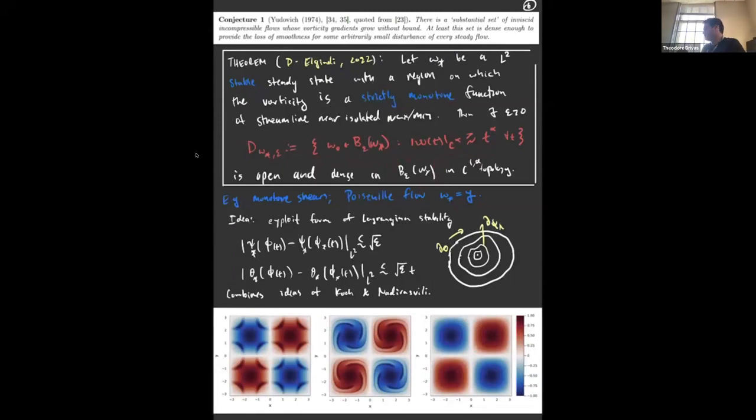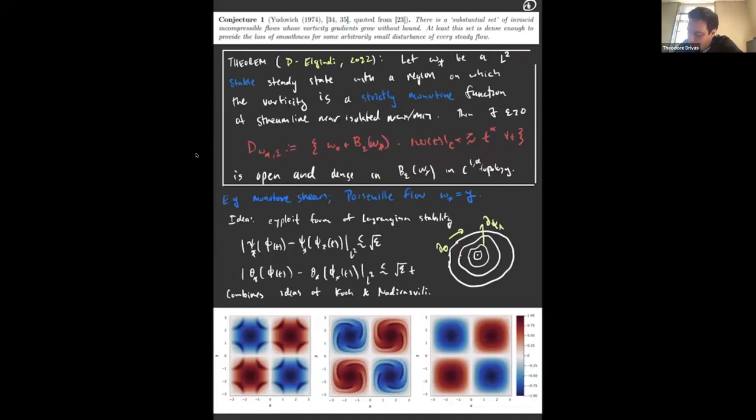So what it's saying is that you have your stable steady state, you can find a little ball around it, such that generically in that little ball, all the Euler solutions actually do diverge in C1 alpha at this rate, which is some evidence in the direction of Yudovich's conjecture.